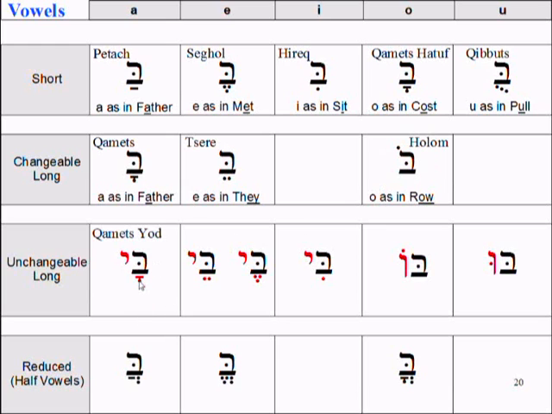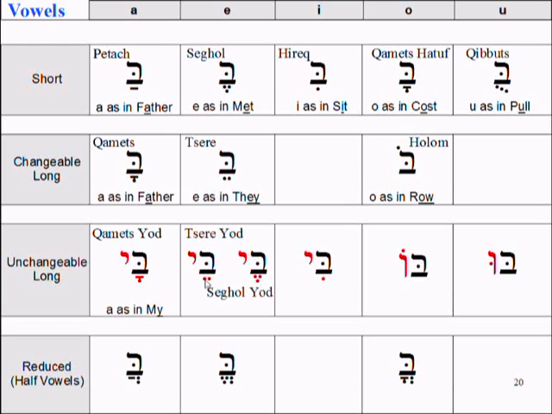And here we have some variants. When we have the kametz followed by a yod, it changes from an a sound, as in father, to an ai sound or an I sound, as in my. So this can be bai, or it can actually be a bay sound too. Tsere yod.